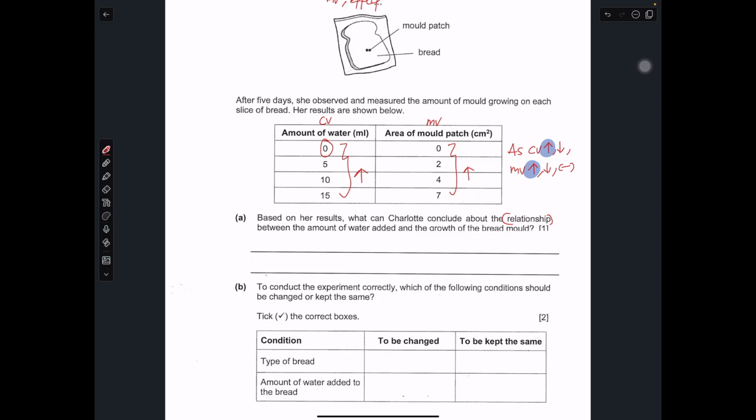So based on the result, what can Charlotte conclude about the relationship between the amount of water added and the growth of bread mold?